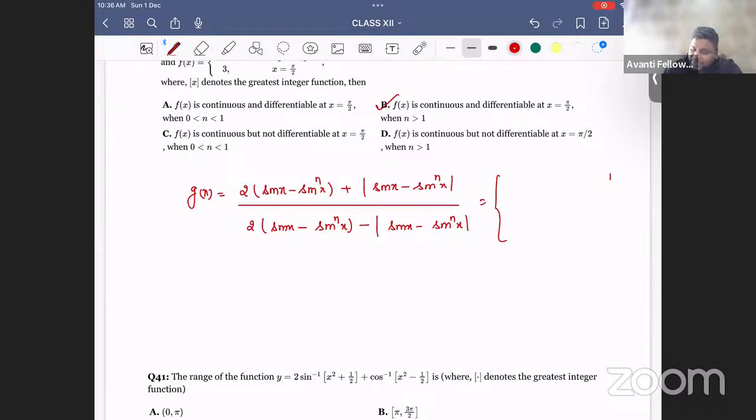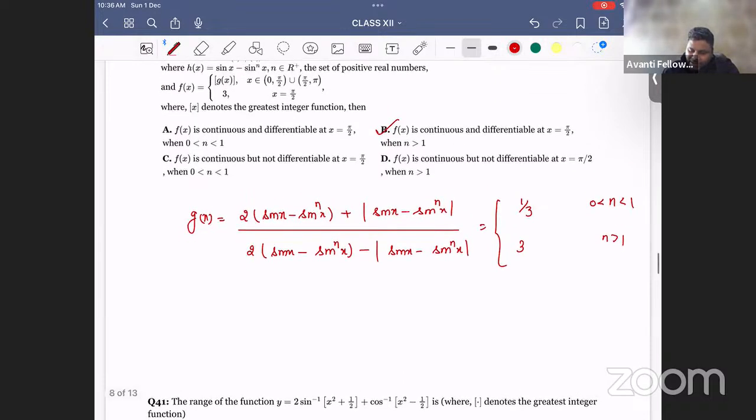If n lies between 0 to 1, then sin x is going to be less than sin to the power nx. So in that case, your gx is going to be 1 by 3. And if n is more than 1, then sin x is going to be greater than sin to the power nx. In that case, gx is going to be 3. Am I clear? So, your fx is what?